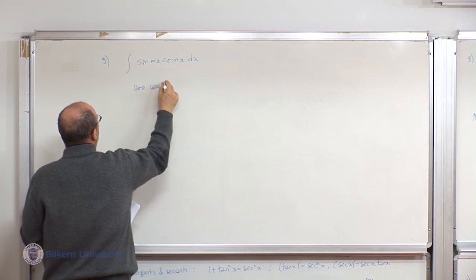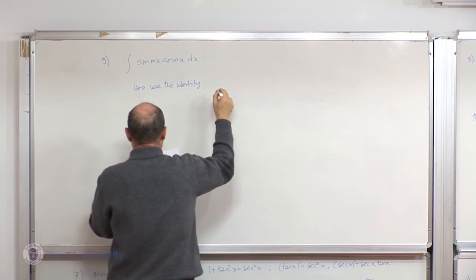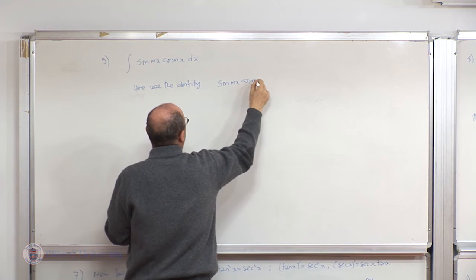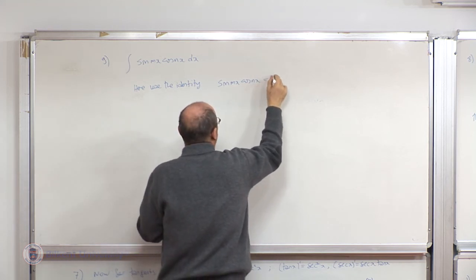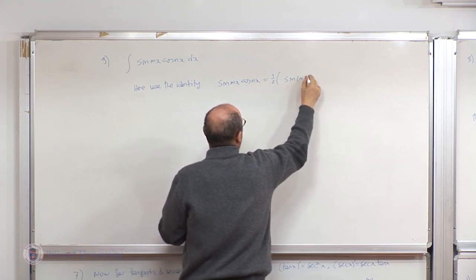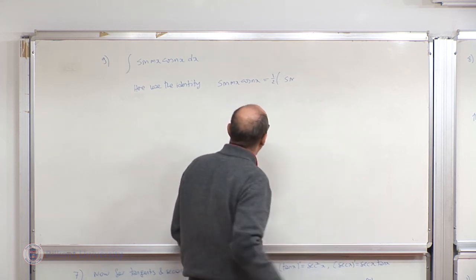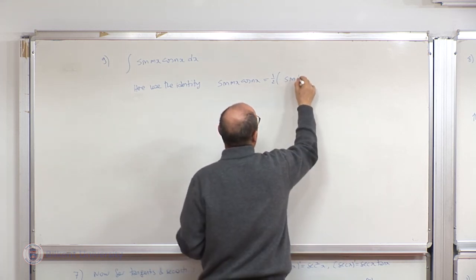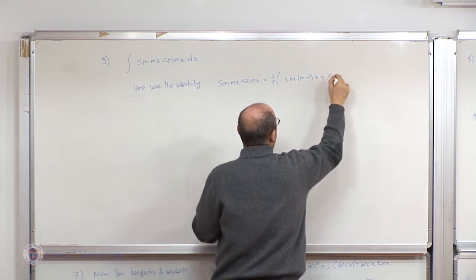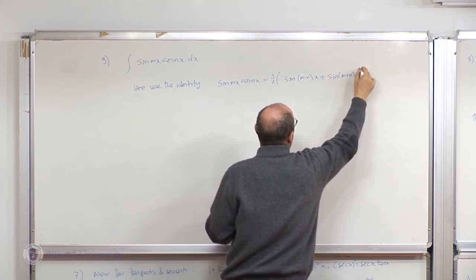Here, use the identity sine mx cosine nx equals 1 over 2 sine m minus nx plus sine m plus nx.